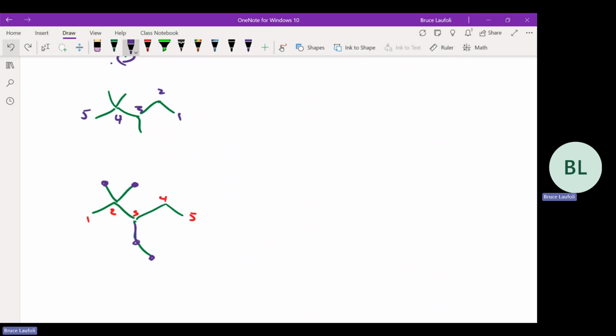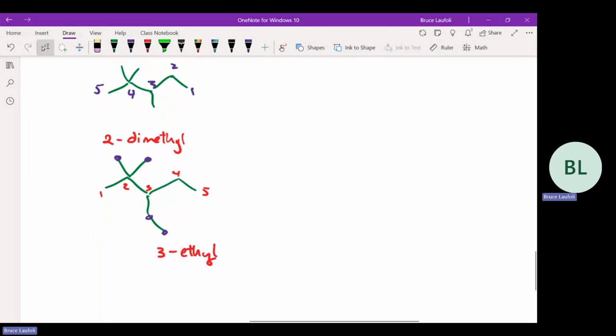So we would label this one as follows. This one would be 2-dimethyl. This portion here would be 3-ethyl. And we know that the longest chain is pentane.